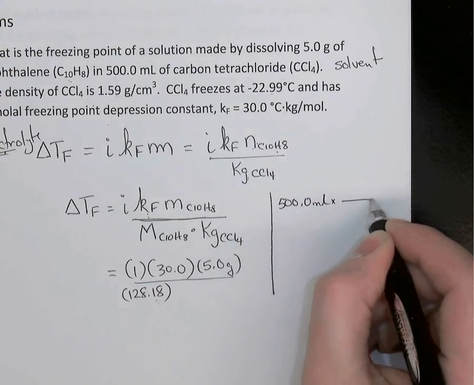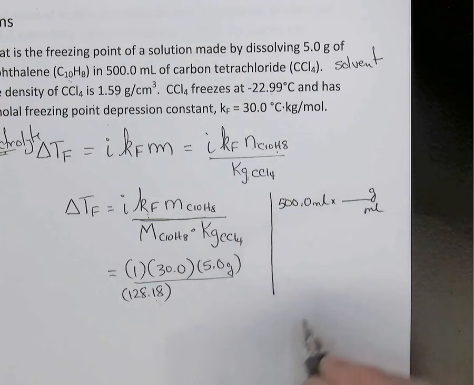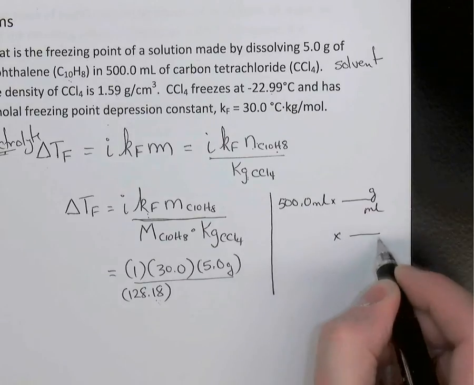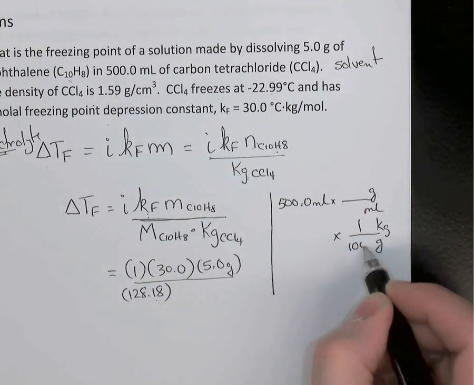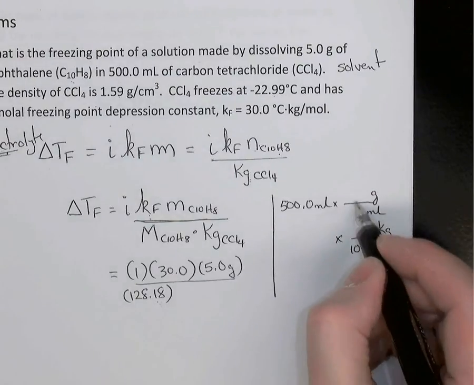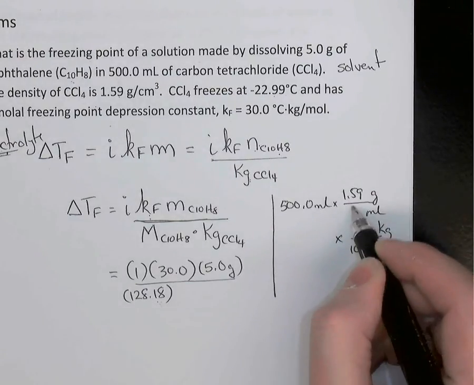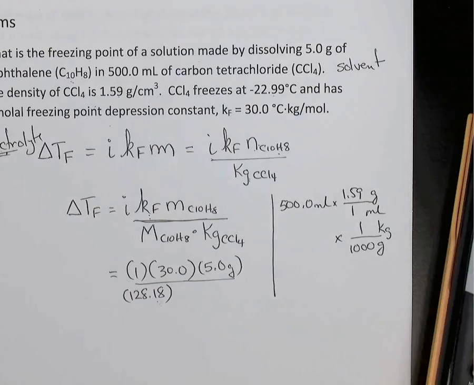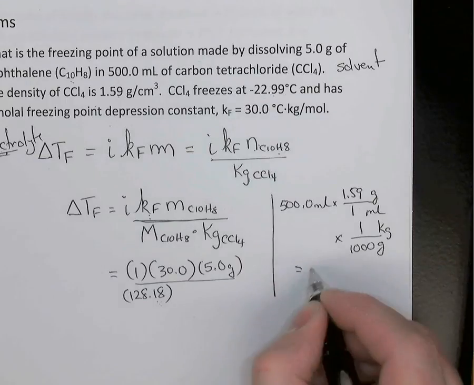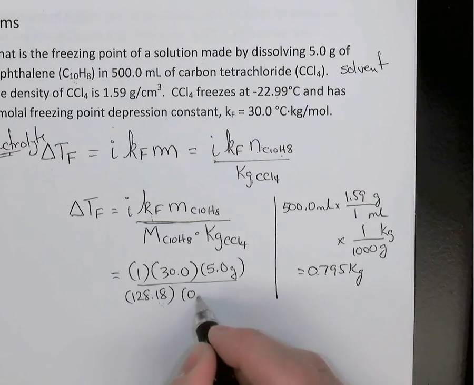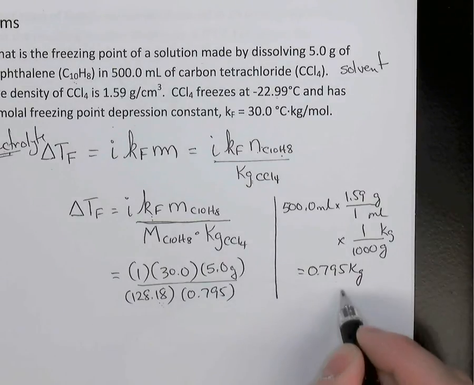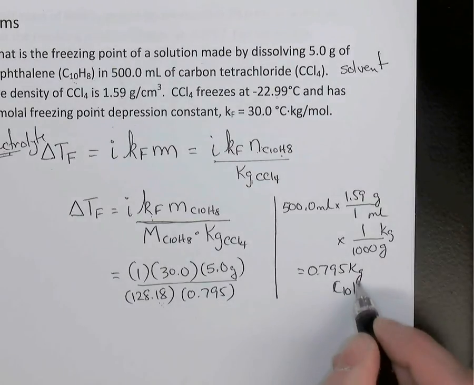We can convert milliliters to grams using the density, and then convert the grams to kilograms. 1 kilogram is 1,000 grams, and the density was 1.59 grams per milliliter. So 500 milliliters times 1.59 divided by 1,000 is 0.795 kilograms of the carbon tetrachloride.